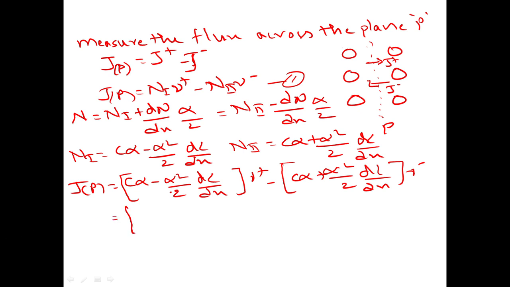Then we have minus alpha square by 2 times gamma plus plus gamma minus, sorry, I have to make it a bracket, dou C by dou x, plus C alpha times gamma plus minus gamma minus.